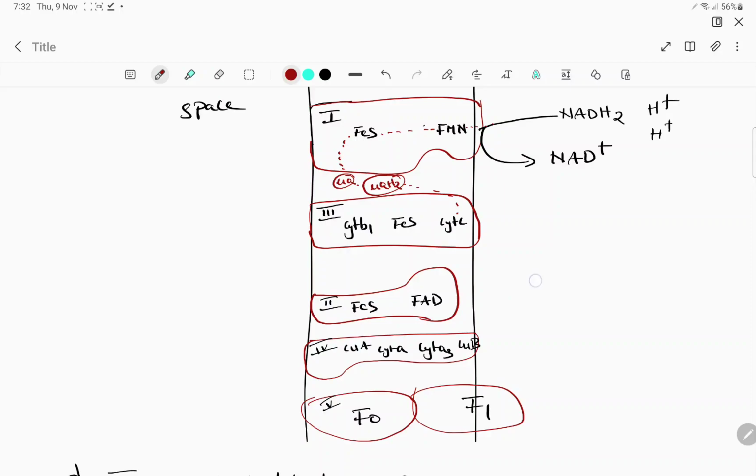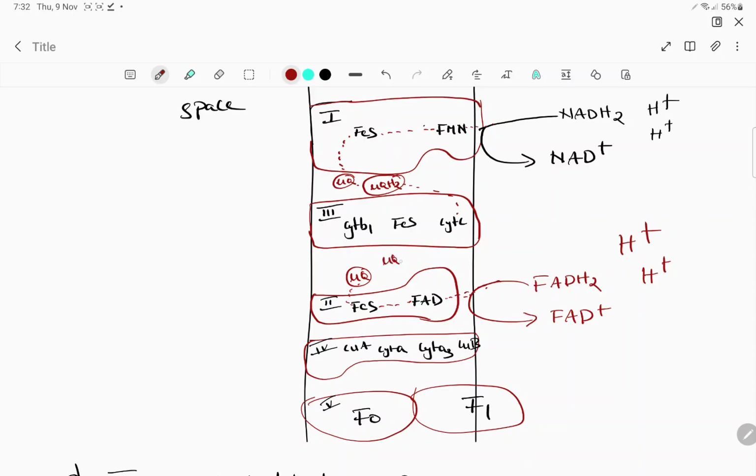Now from here, the succinate dehydrogenase complex, FADH2, is oxidized to FAD plus. The protons are released here, and the 2 electrons go from FADH2 to FAD plus, then to FES through the same UQ mobile carrier.